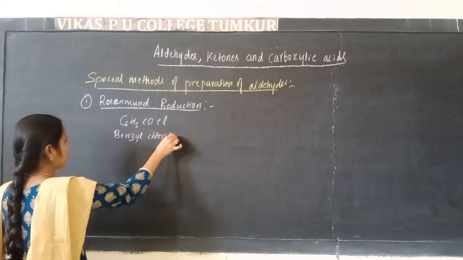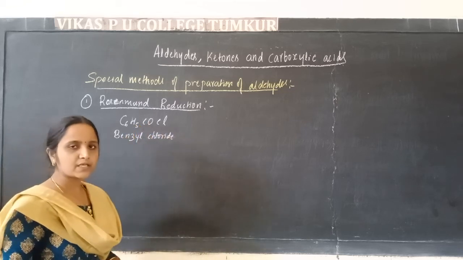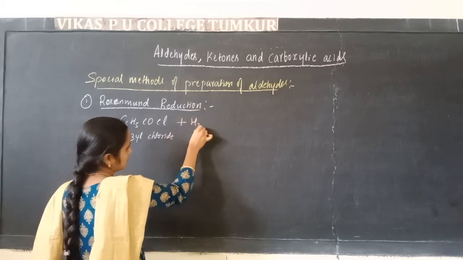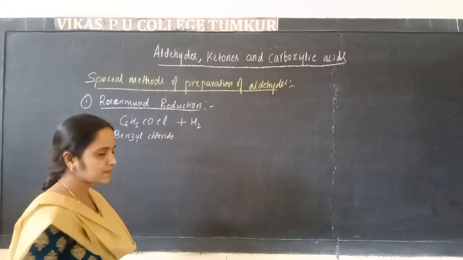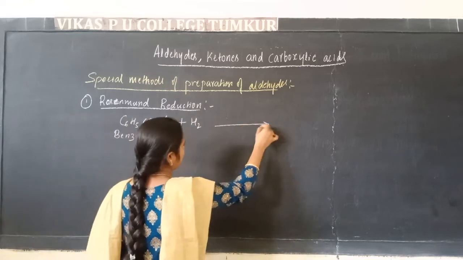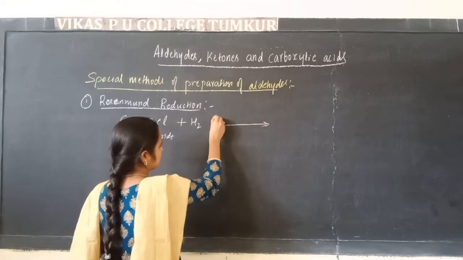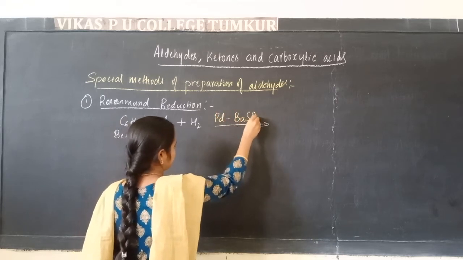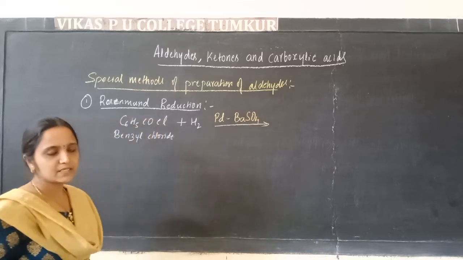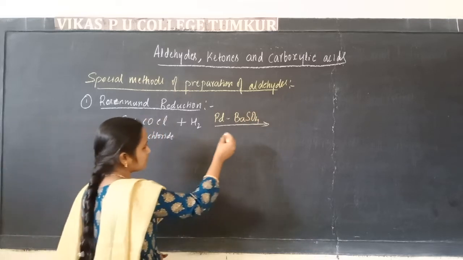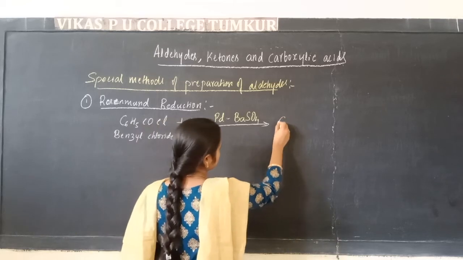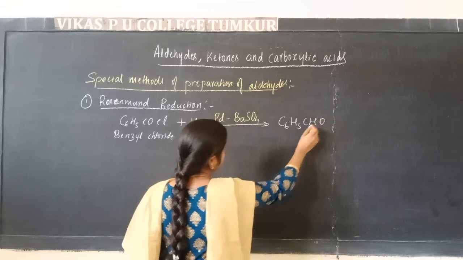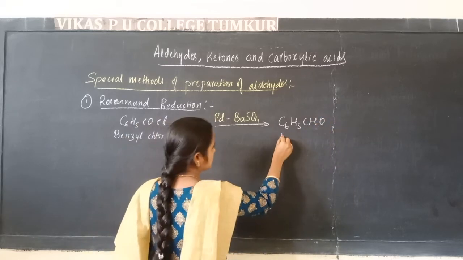This benzoyl chloride undergoes reduction with hydrogen in the presence of palladium barium sulfate. At that time, we get the product benzaldehyde, C6H5CHO.